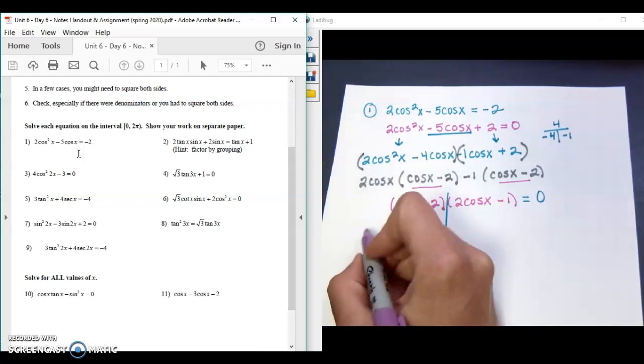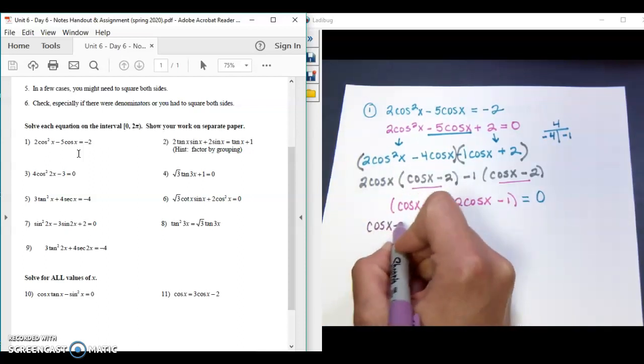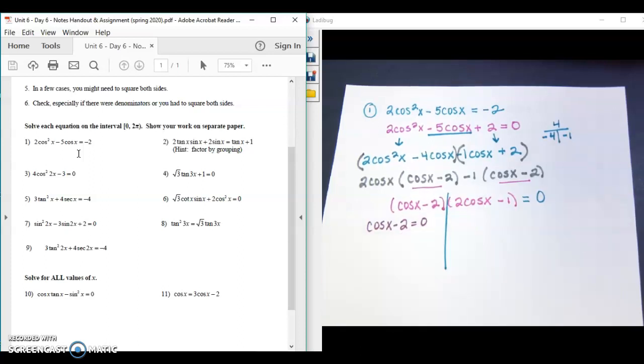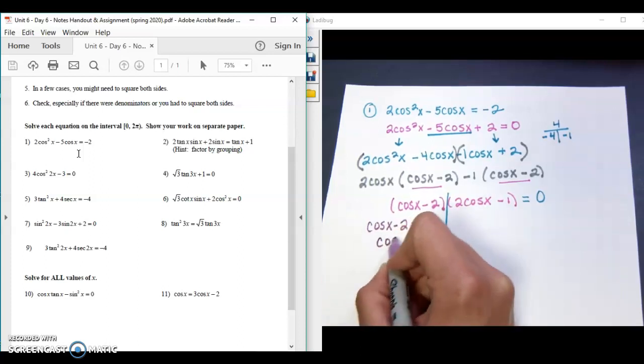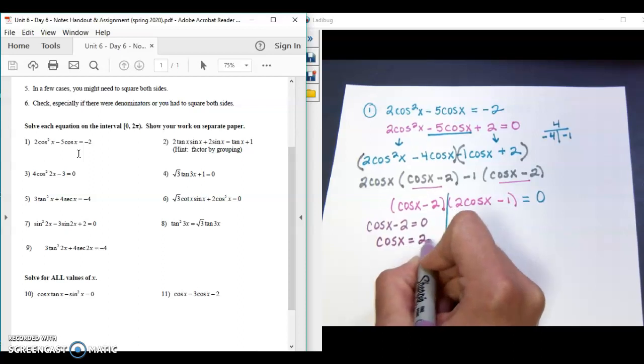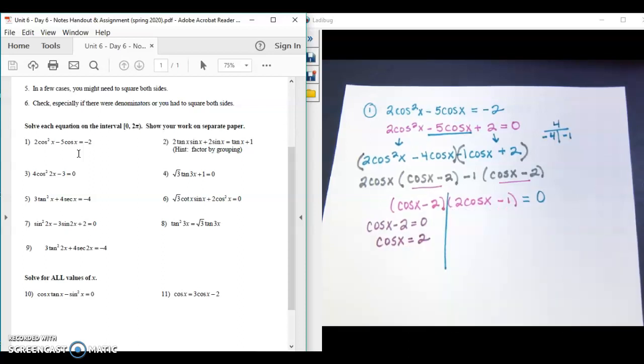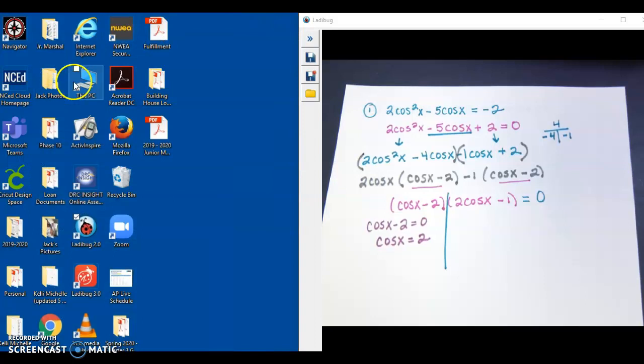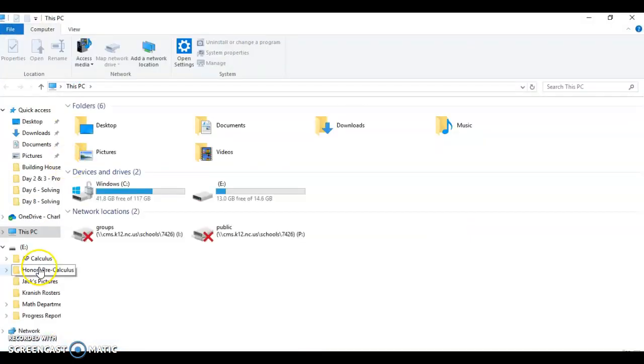On the left-hand side, we have cosine x minus 2 equals 0. So this is cosine x equals 2. Okay, so thinking about your unit circle, let me bring your unit circle up.